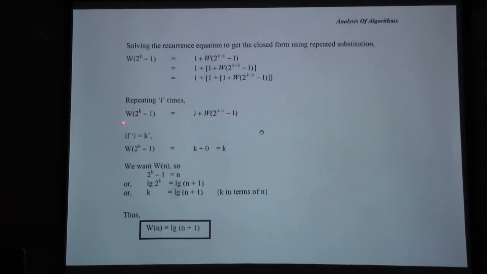For which value of k is it equal? 0. Because 2 to the 0 is 1, 1 minus 1 is 0. W of 0 is equal to 0. So therefore, w of 2 to the k minus 1 is equal to k plus 0, which is equal to k. So we have a solution, which is equal to k.